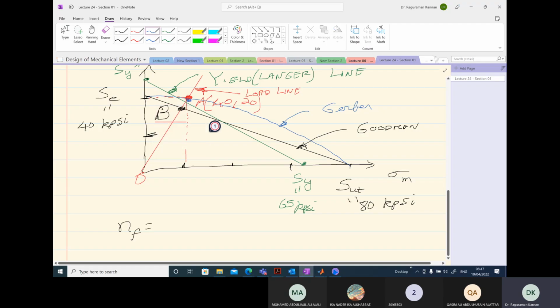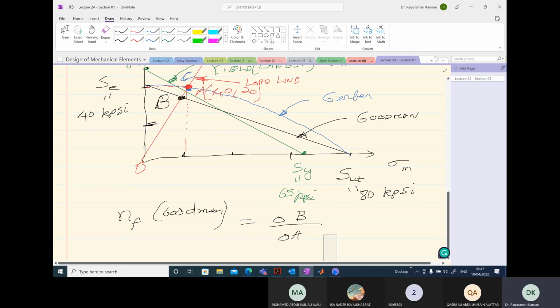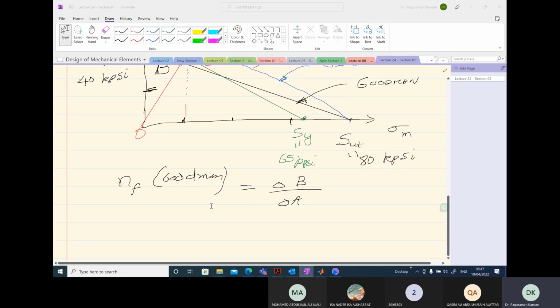So I'm going to put it here and I call it C. So I can find the fatigue factor of safety, first according to Goodman. It is going to be OB over OA. Now what is OB? I need to find the intersection point B.